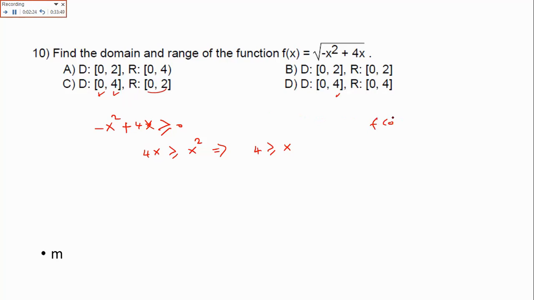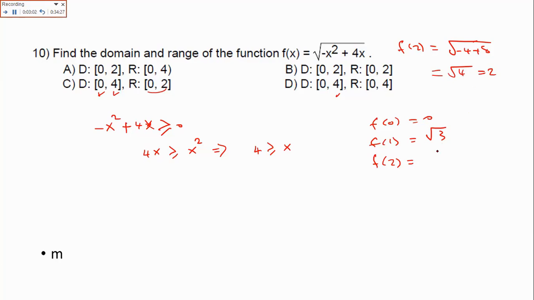F of 0 is going to give you 0. F of 1 is going to give you 1 here, and 4, negative 1 and 4, that means square root of 3. F of 2 is going to give you square root of negative 4 plus 8, which is square root of 4.